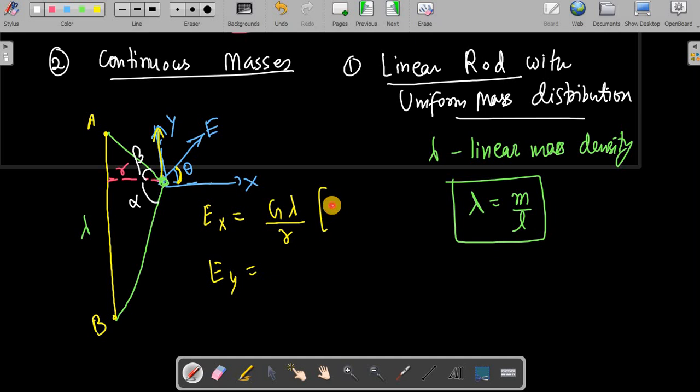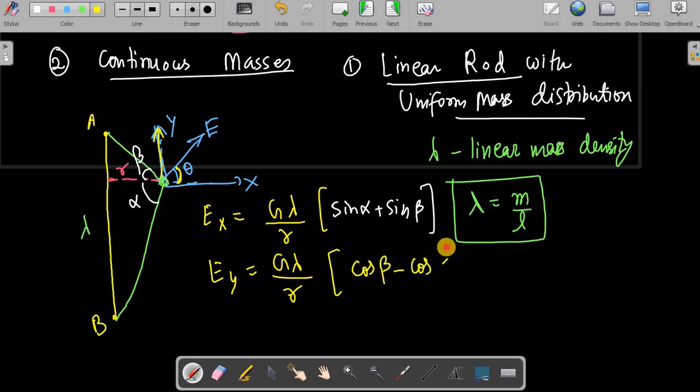So along x-axis, it is G lambda by r into sin alpha plus sin beta, and along y-axis, this is G lambda by r into cos beta minus cos alpha.